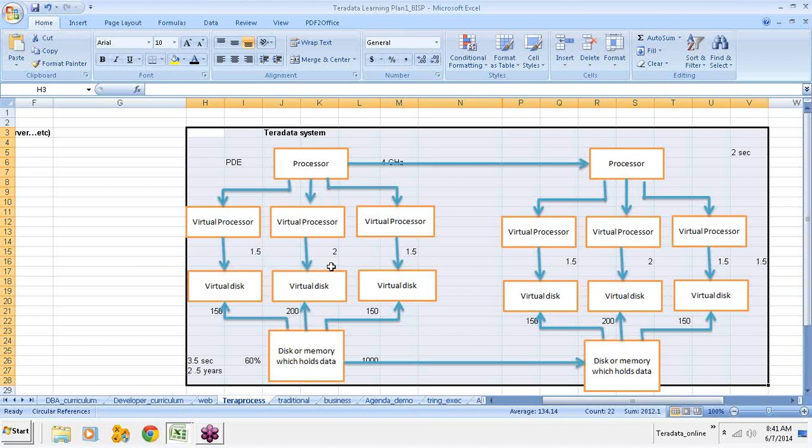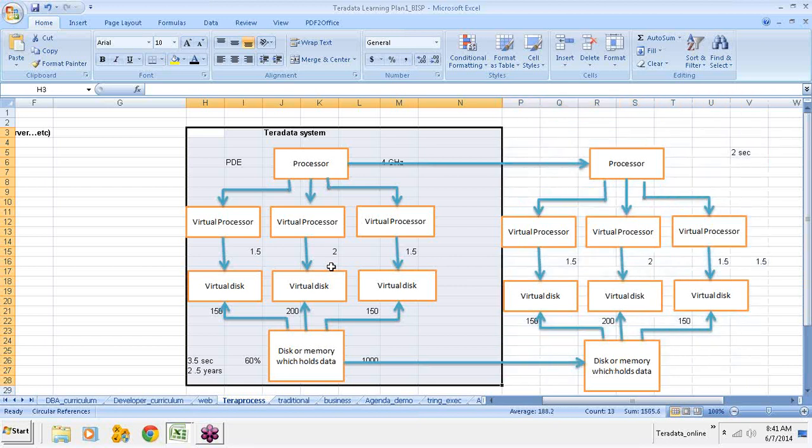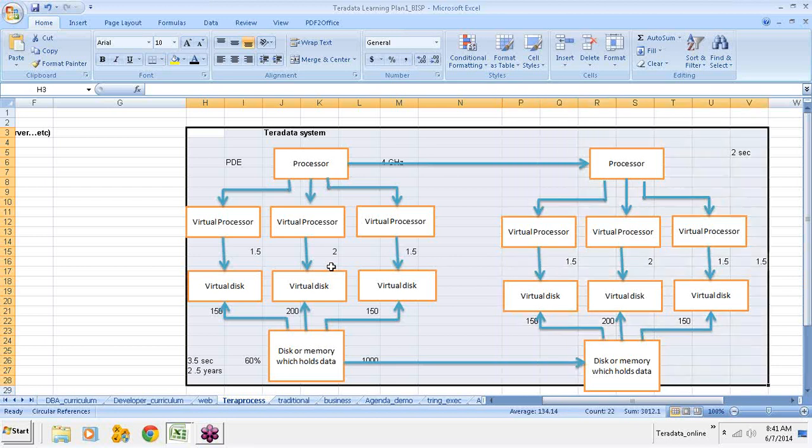This is called scalability. The first characteristic is called unconditional parallelism. Because of all these virtual processors, it gets unconditional parallelism, and scalability is where you can increase the resources of the system without decreasing the performance of the machine. This is called scalability.